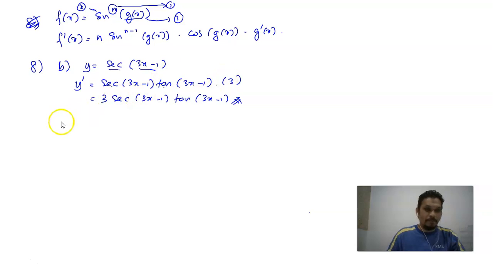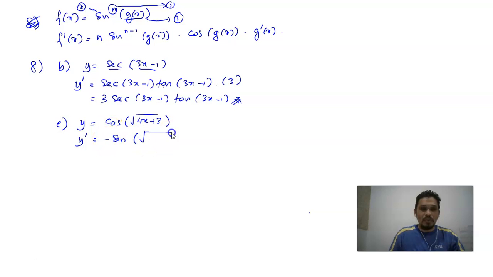And then part E. Question E, y equals cos of the square root of 4x plus 3. So y' equals, differentiate cos, it gives you negative sine of the square root of 4x plus 3.